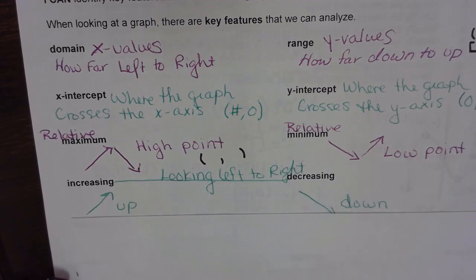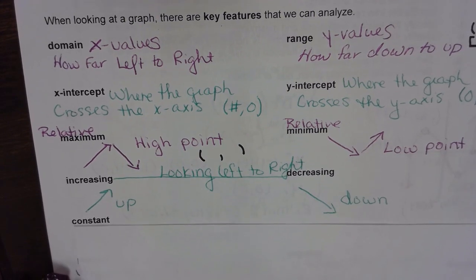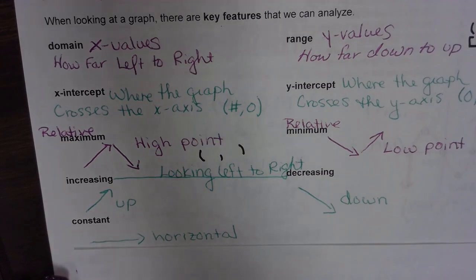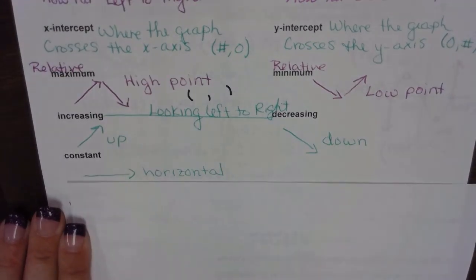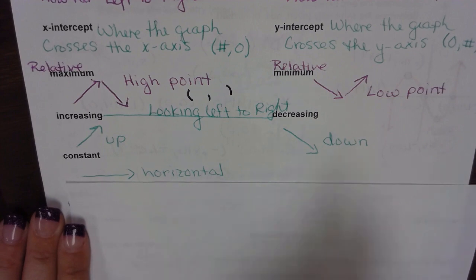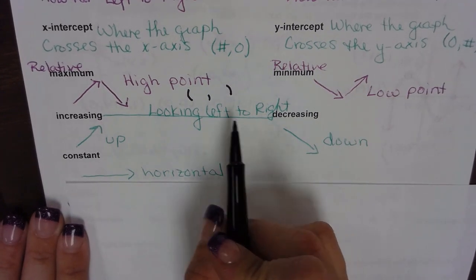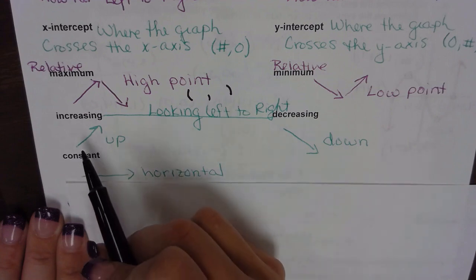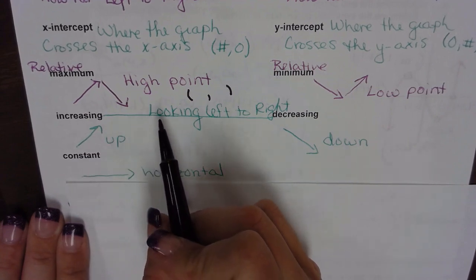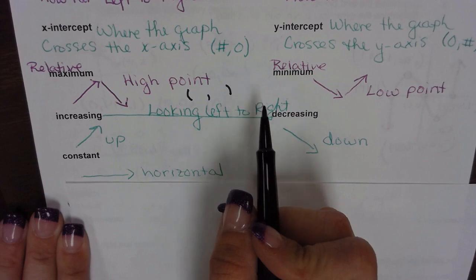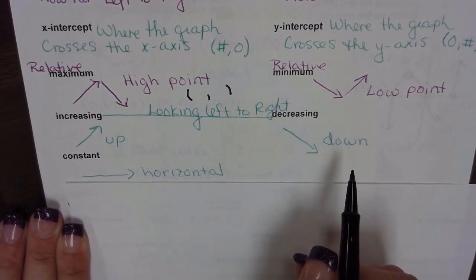Now, increasing, decreasing, and constant. We'll go all the way down on this one. We need to remember that we are looking from left to right, just like we read. And if it's increasing, our graph is moving up. Decreasing, our graph is moving down.